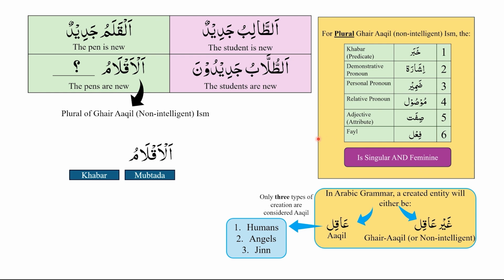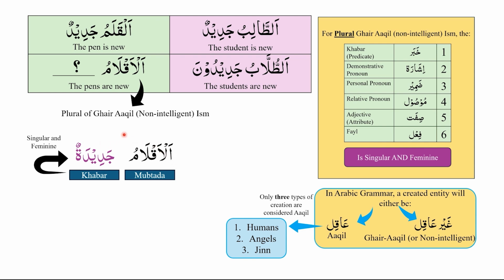So for this jumla ismiya, since the mubtada is the plural of a ghair aqil or a non-intelligent ism, the khabar will be singular and feminine, which is jadidatun. So we will not say al-aqlamu jadiduna or any other version.